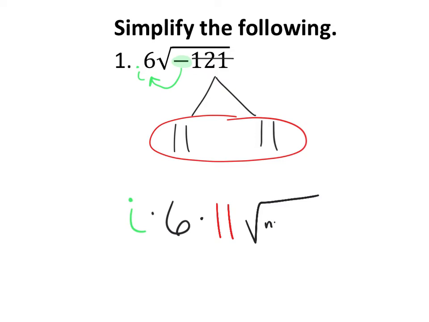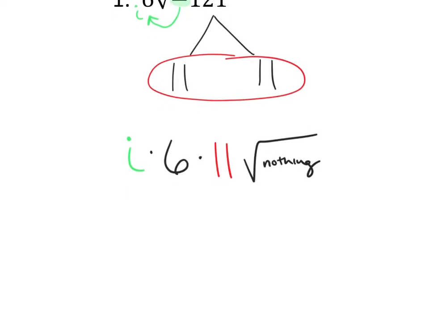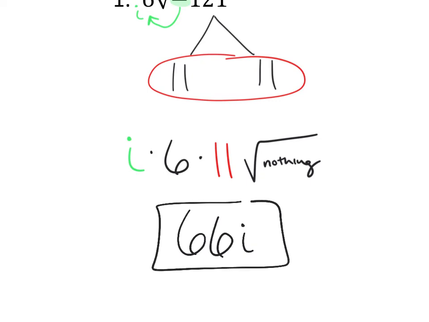No, so if there's nothing here, then that square root is just going to disappear because there's nothing left underneath it. All we do here is 6 times 11 times I, well, 66I. Exactly. So we're just breaking down the number and then multiplying by the letter I.